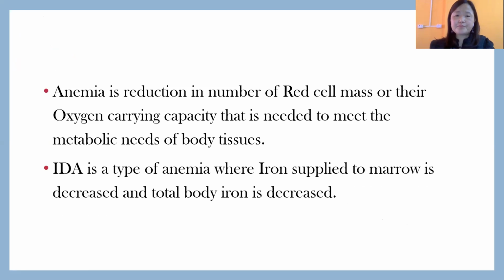So this kind of anemia is related to the reduced concentration of iron, which will lead to reduced red cell mass and, subsequently, reduced oxygen carrying capacity. In this kind of anemia, the iron which is required for the formation of hemoglobin, especially the heme part of the hemoglobin, is supplied less, leading to iron deficiency anemia.